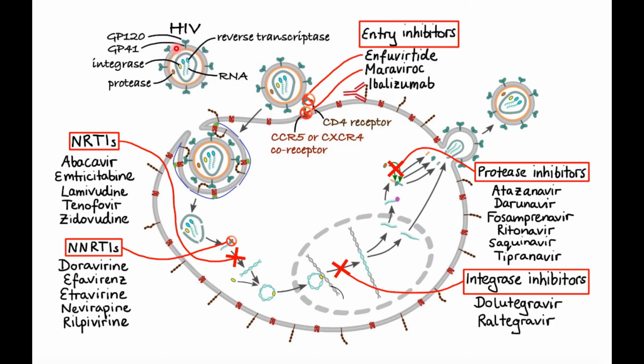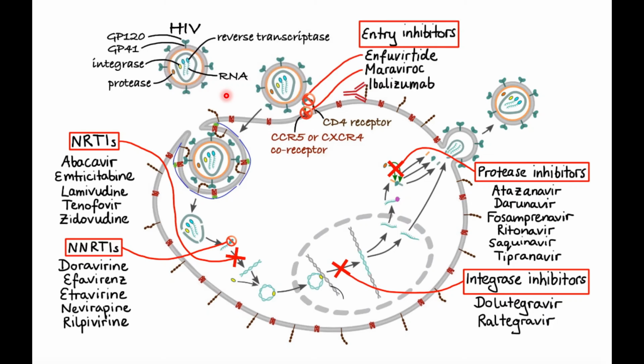The first is GP120 and GP41 proteins, and then there are protease and integrase proteins, and then also RNA, two strands of viral RNA with the reverse transcriptase proteins.